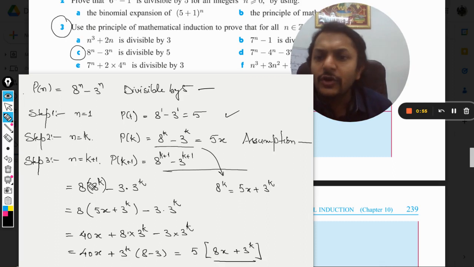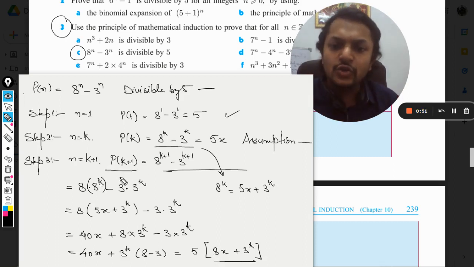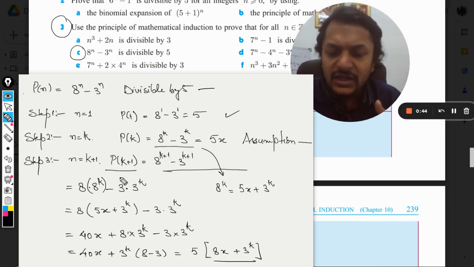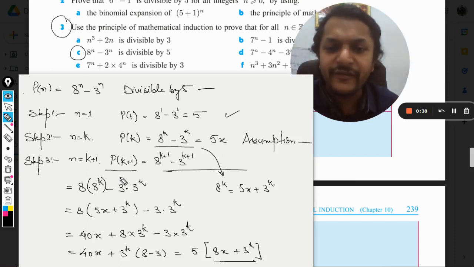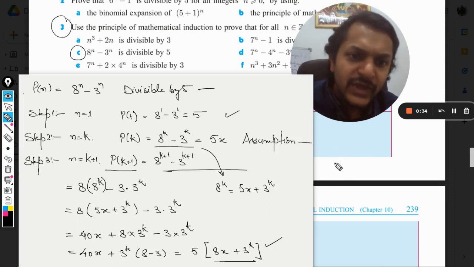So we have reduced this P of k plus 1 into a polynomial in which 5 is exclusively an integer factor. So I can say that this polynomial is now divisible by 5. So now I will write that statement completely.